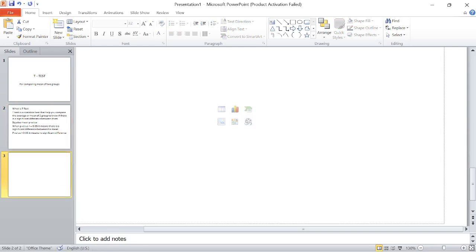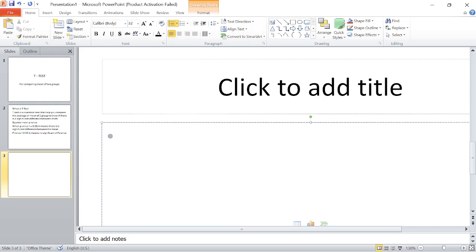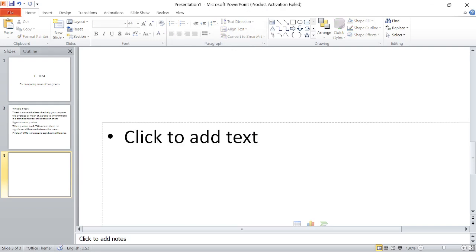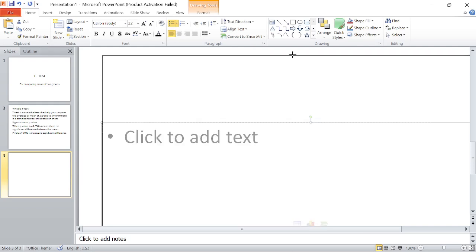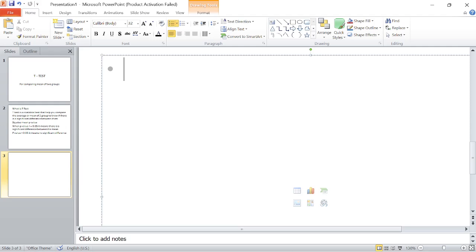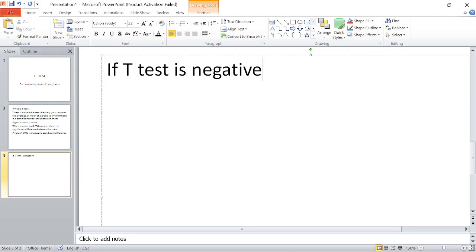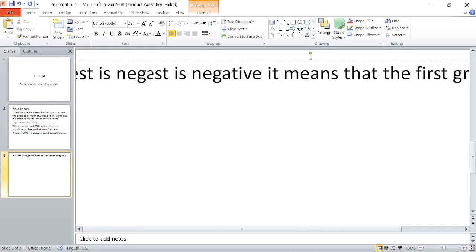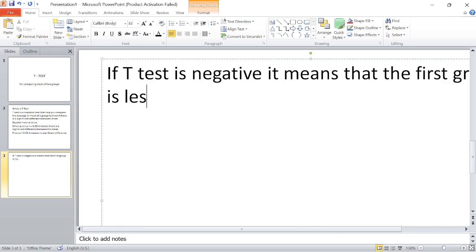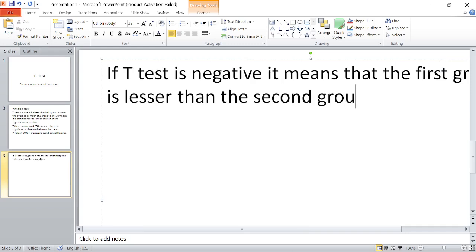So there's another principle. The principle states that if the T test is negative, it means that the first group is lesser than the second group.